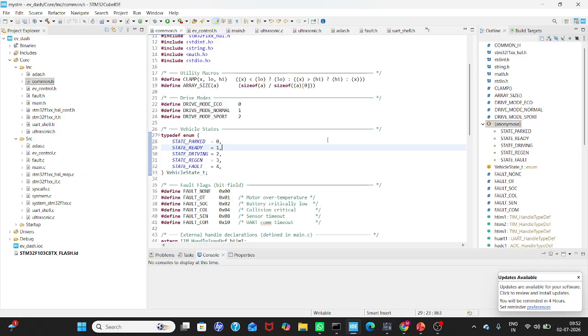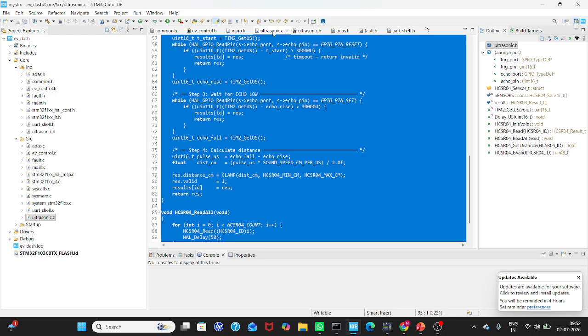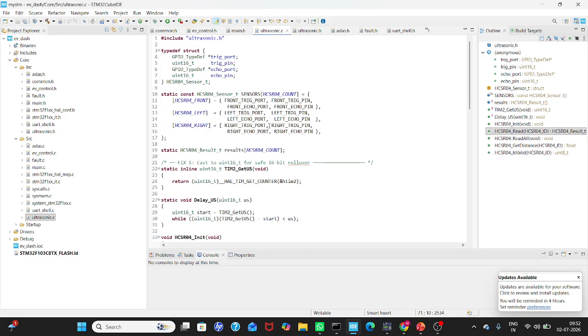And here, if we observe ultrasonic.h and ultrasonic.c. These files are responsible for communicating with three HC-SR04 sensors.